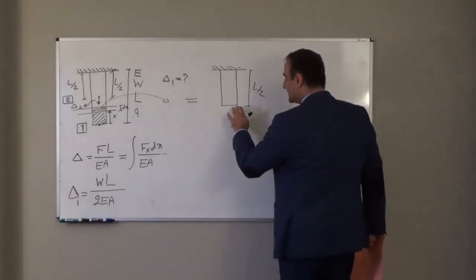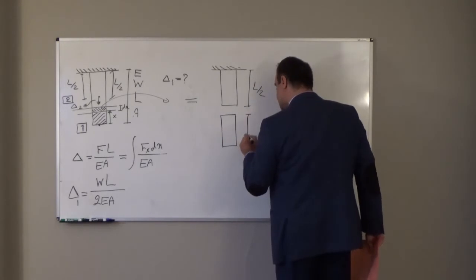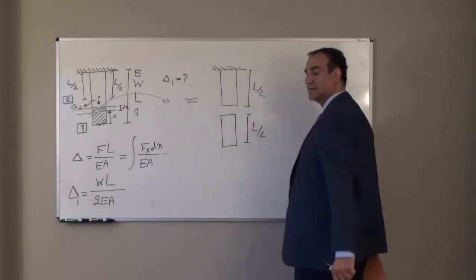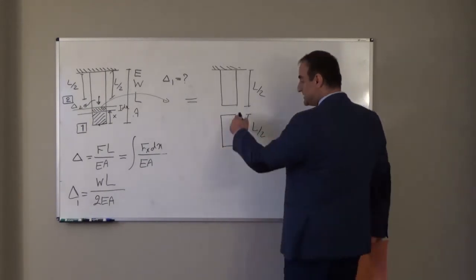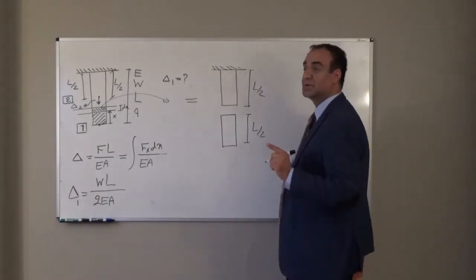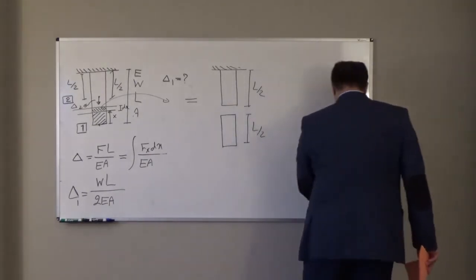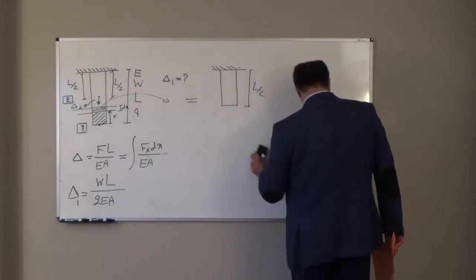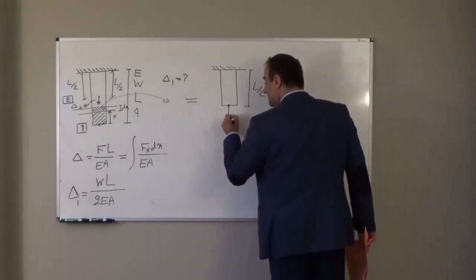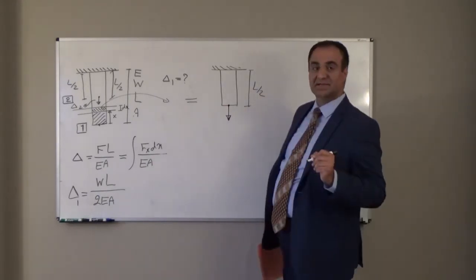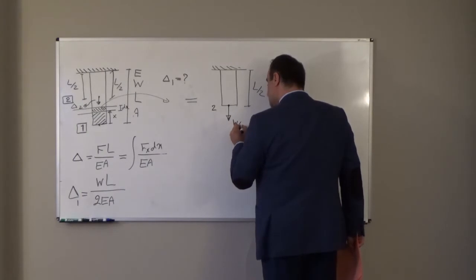If I cut at the middle, this segment I'm cutting and separating, what is the weight for this segment? If the total weight is W, the weight for this segment will be W over 2. That weight will be similar to an external load at point 2. So what is that? W over 2.